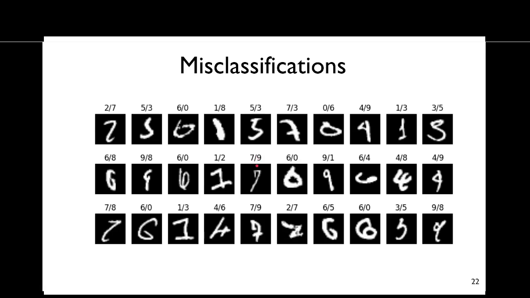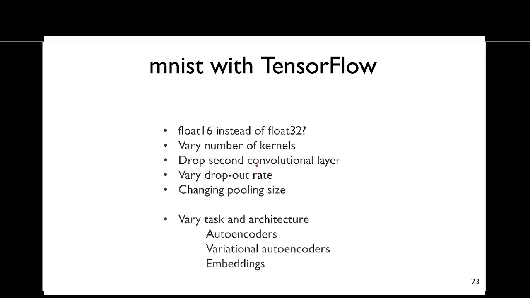Okay, so we've done it. We have achieved a pretty good solution with really just 20, 30 lines of Python code using the Tensorflow library. With that code, you can play now, and you can ask questions like, what changes if I move from 32-bit precision to 16-bit or to 64-bit?